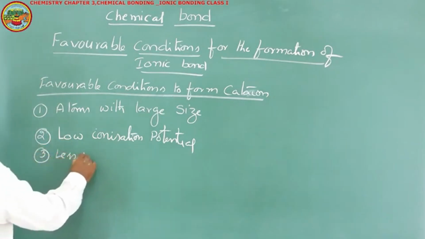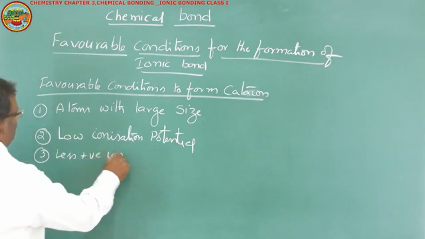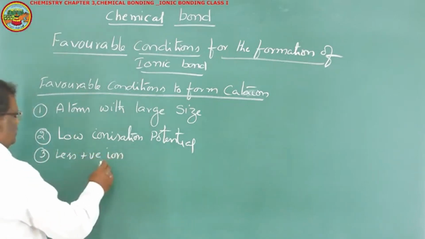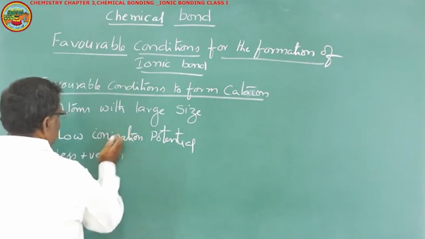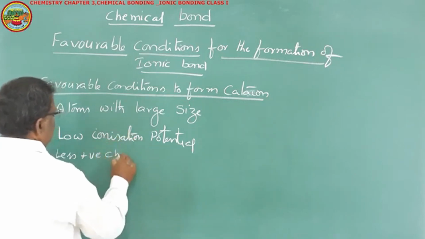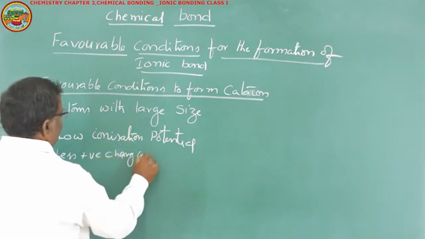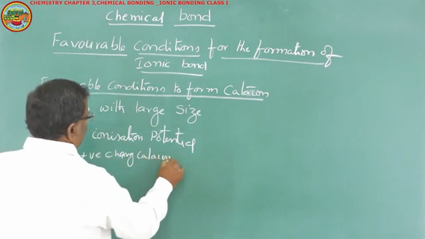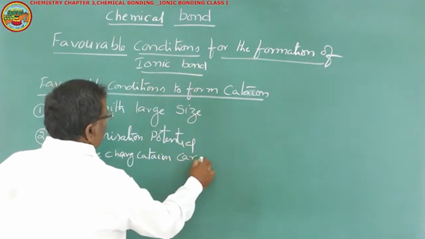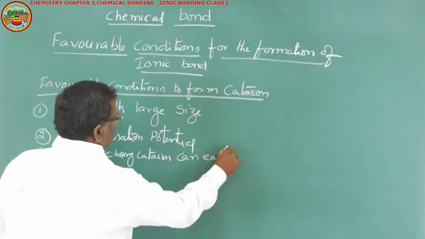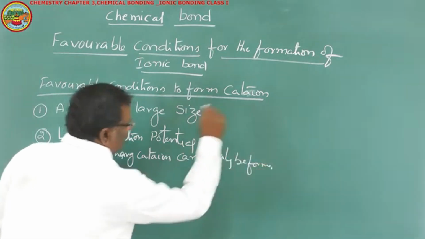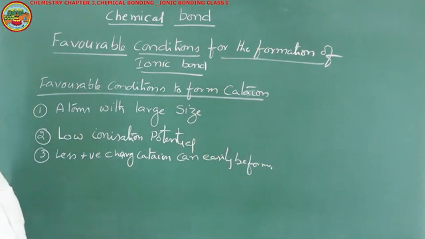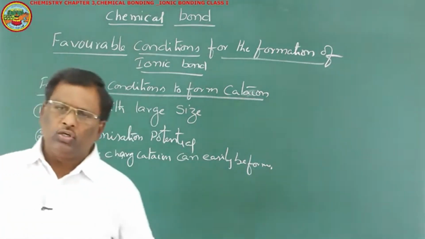Less positive charge cations can easily be formed than high positive charge cations.